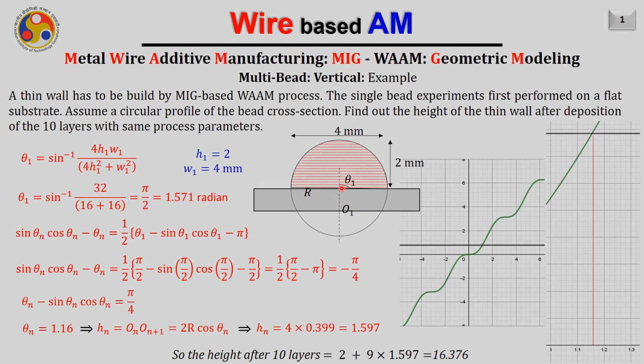We can find r by simple geometry, and it is easy to observe that r will be the same as the height, because theta 1 is pi by 2, therefore r equals h1. So I put 2r cos theta n, with theta n being 1.16 radian, and as a result the height in the nth layer h n will be equal to 1.597.